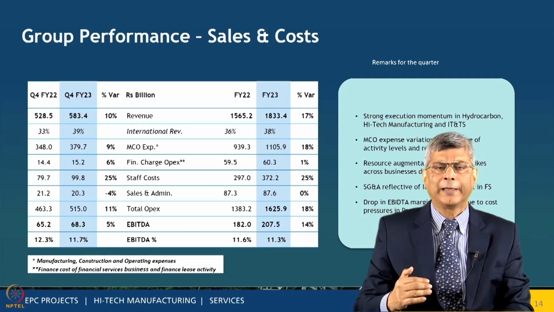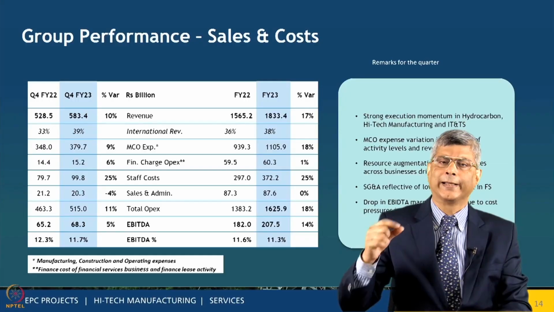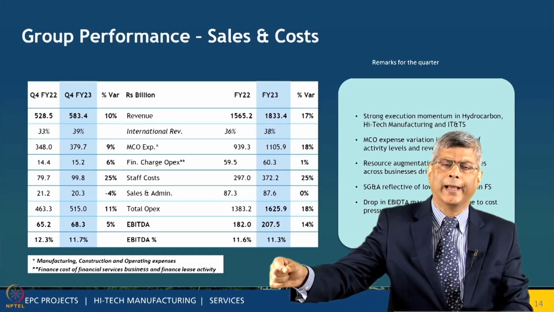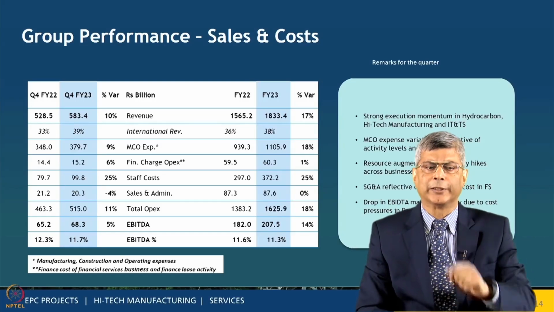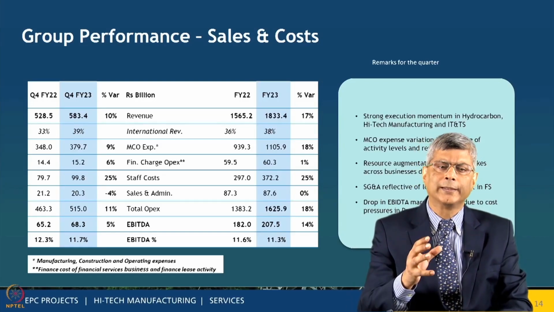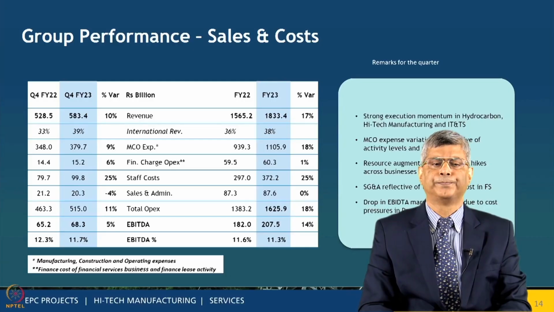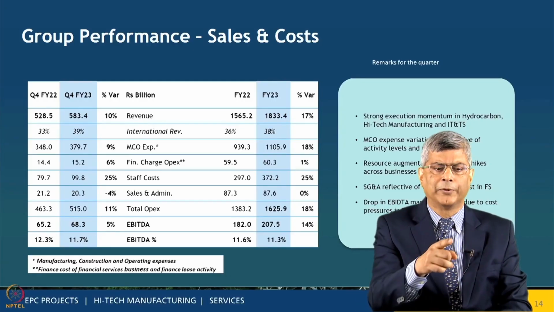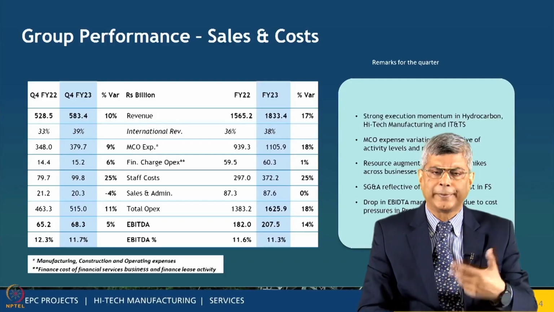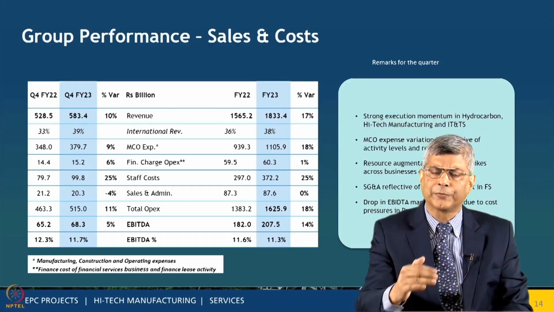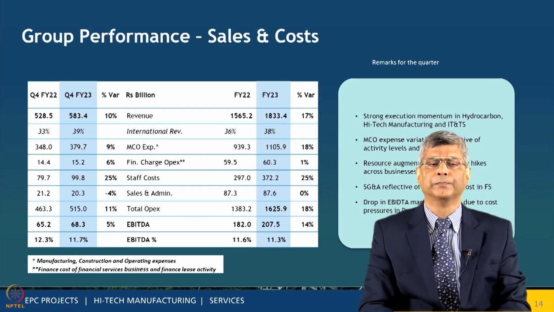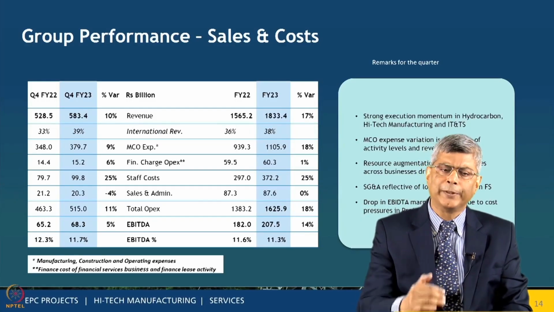Just like if I make a cup of tea, I have an expense on milk, sugar, and tea, L&T also has expenses. So this is MCO expense. Then they've got financial charge OPEX, and you can see at the bottom, it relates to their financial service business and leasing. And they've got staff cost because they're hiring people. And they've got sales and administration costs.